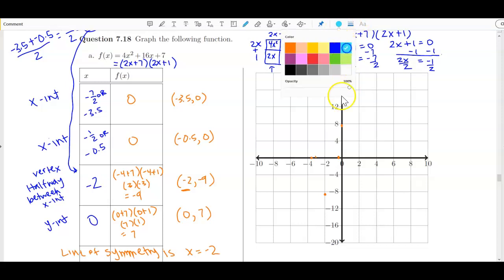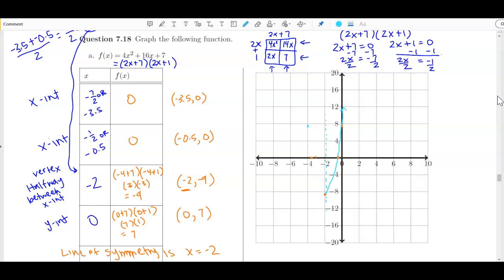I'll do it in a different color so it's clear. This isn't really part of the graph, but it helps us find all the symmetries that are there. So I know there would be another point over here. And then it would look something kind of like this. Hopefully yours looks better. It just always goes crazy looking.